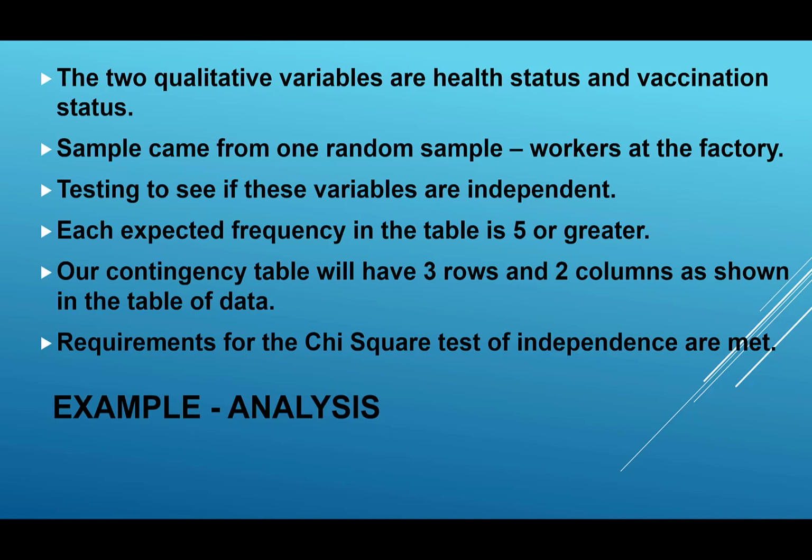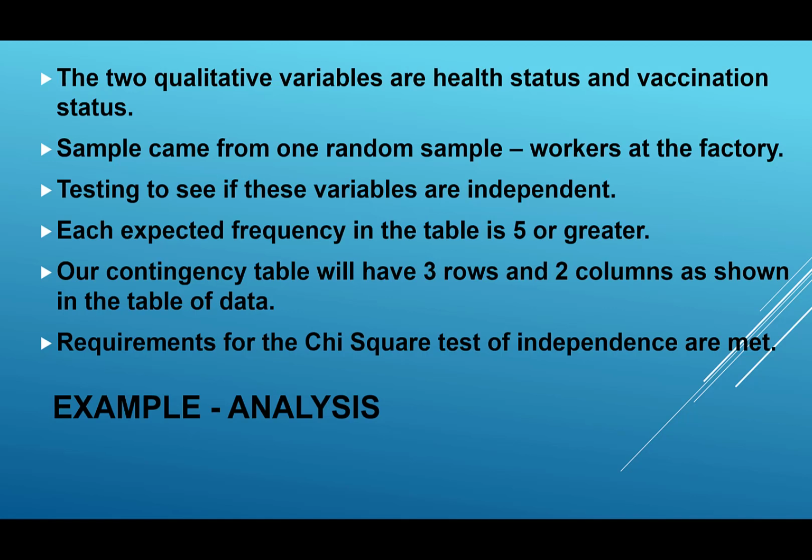Now let's look at this scenario and make sure that we can actually use the test of independence. First of all, we do have two qualitative variables, and those are health status, which was pneumococcal pneumonia, non-pneumococcal pneumonia, and no pneumonia, and vaccination status, whether they were vaccinated or not. The sample did come from one random sample, which was the workers at the factory.